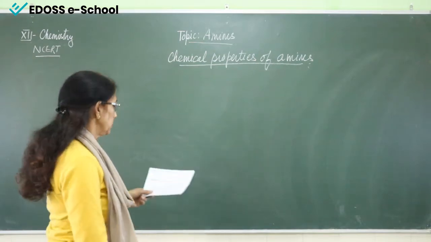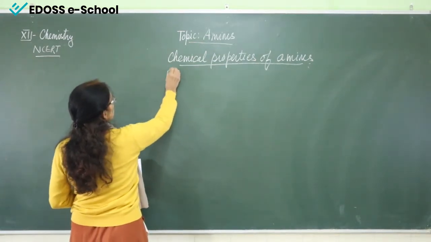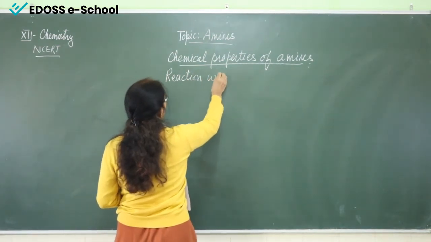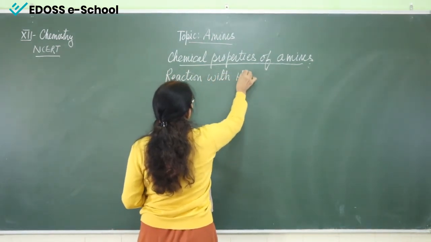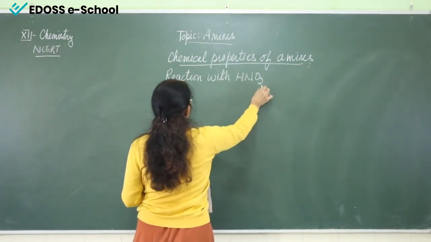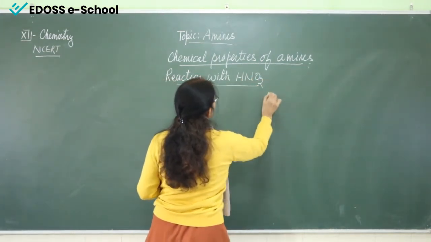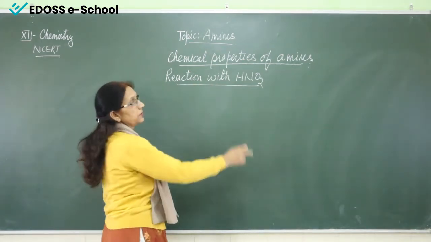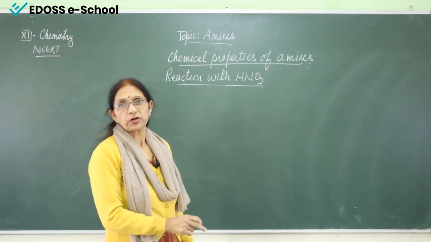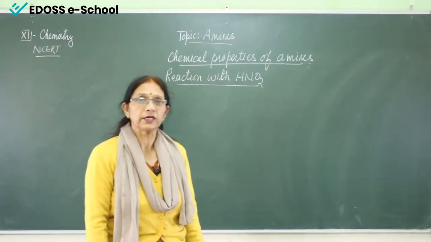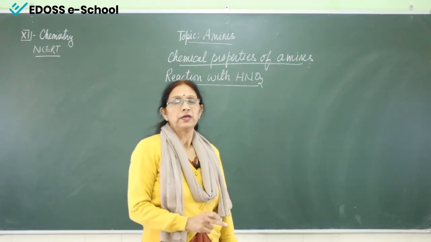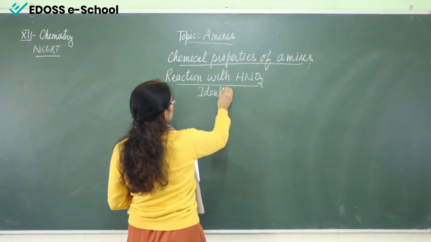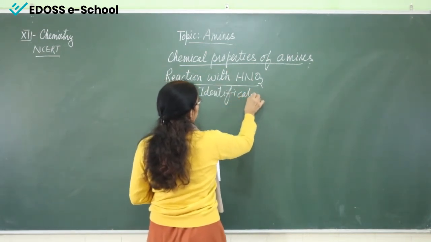Now we are coming to the next property, that is reaction with HNO2, nitrous acid. This is also a very important reaction, the reaction of amine with nitrous acid. It is important because this reaction is used for the identification of primary, secondary and tertiary amines.